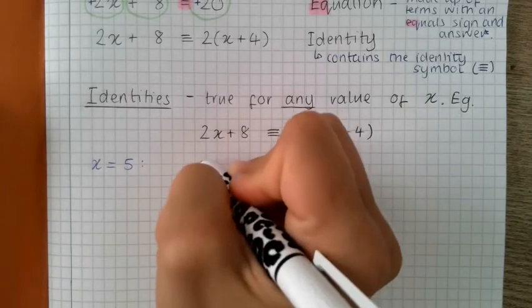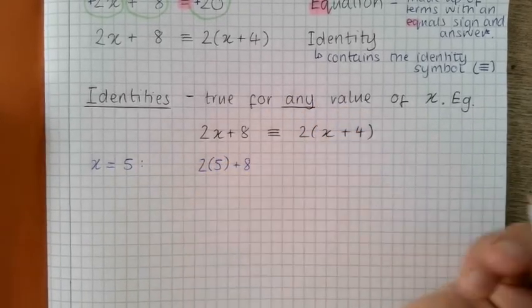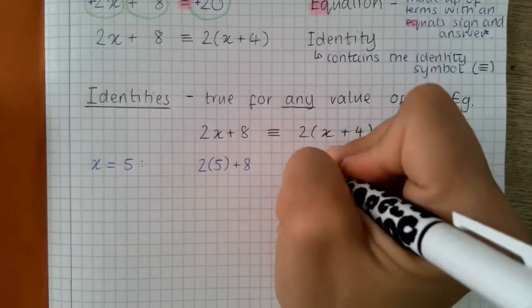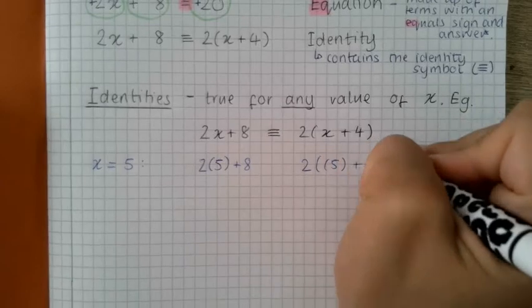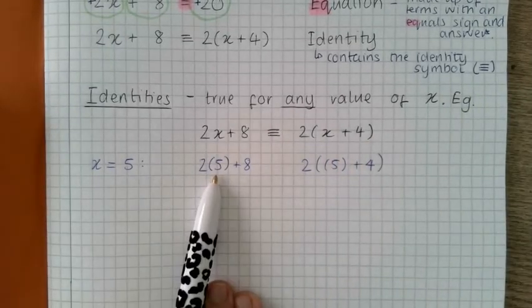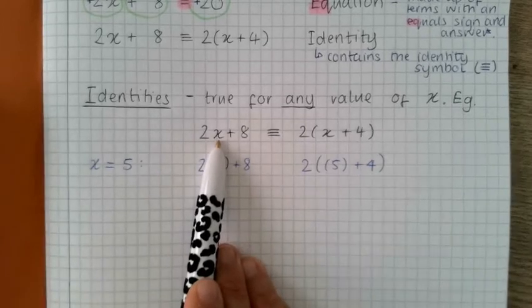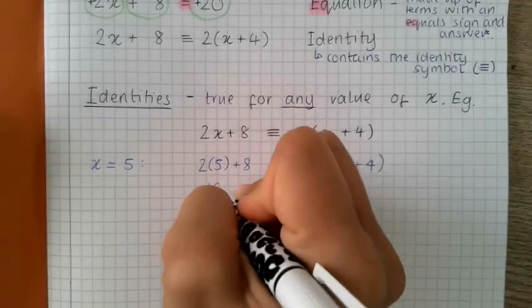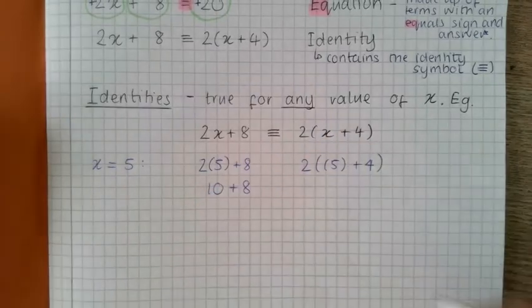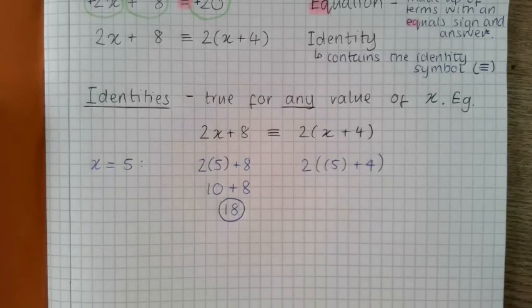So over here I'm going to substitute 5 where the x is in both sides of this identity. Notice when I substitute the 5, I put it in brackets. Because if I was to just put 2, 5, that would look like 25, wouldn't it? But actually we know it's 2 times 5, which is 10. And we know that 10 plus 8 is 18. So that's what we get on the left-hand side.